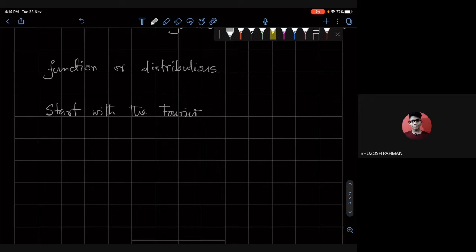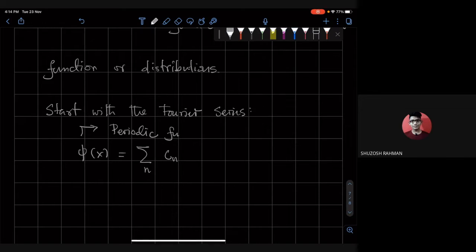So this is a Fourier series. So if I have phi of x, some periodic function, I can express it as a sum over all n of Fourier coefficient Cn and some basis functions which are exponentials.